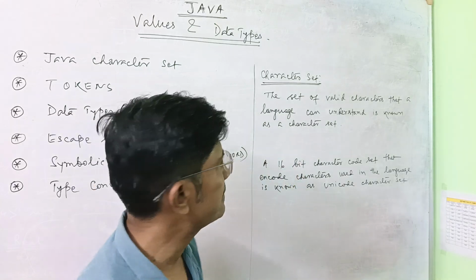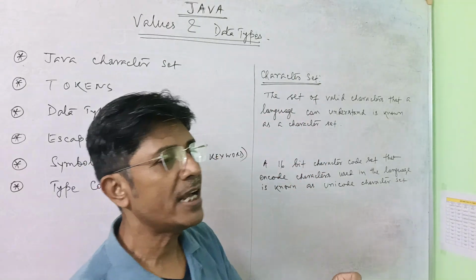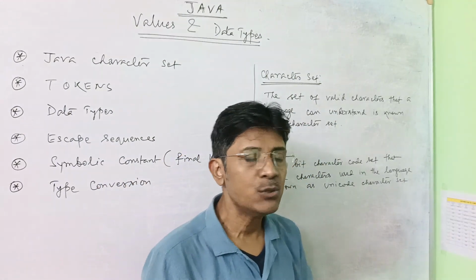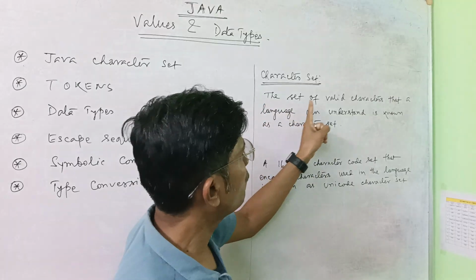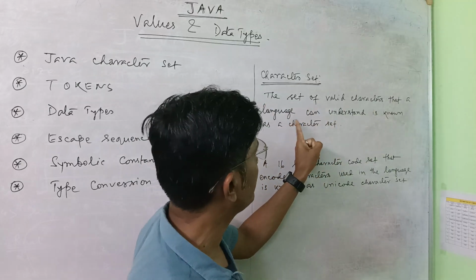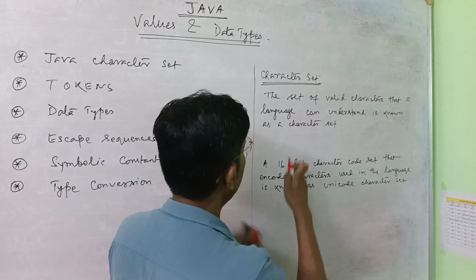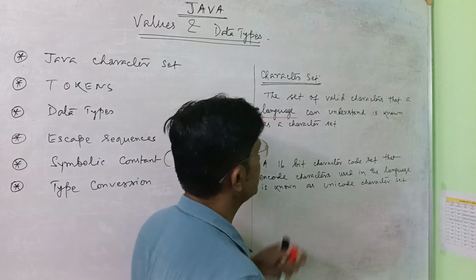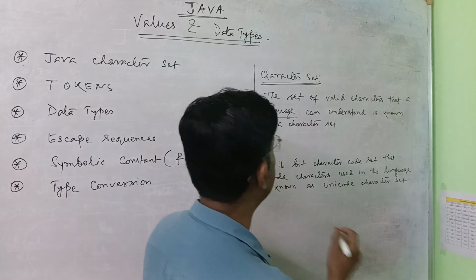That is called the character set. In our Java programming, a character set is a set of valid characters that a language can understand.